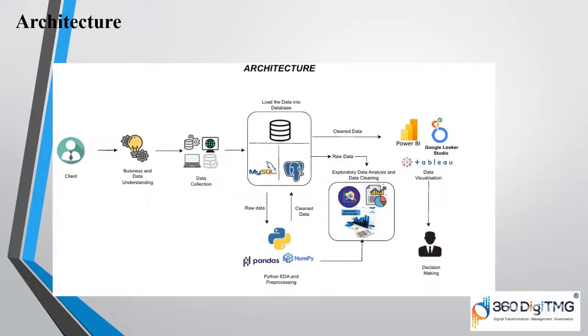This architecture ensures we go step by step, from raw data to actionable insight. You can see business understanding, data collection part, and then EDA. Load the data into database, clean the data. This is raw data. Using visualization tools like Power BI, Google Looker Studio, Tableau, you can get valuable insight out of raw data.